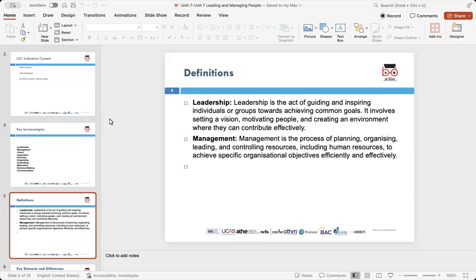Management is about organizing and controlling resources, including people, to achieve specific goals. A manager makes plans, assigns tasks, and ensures that the work is done efficiently and effectively. Any questions so far?